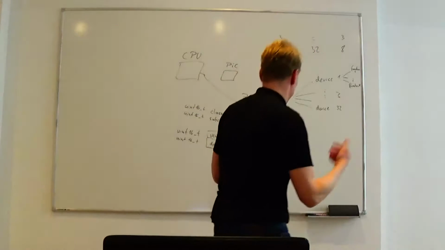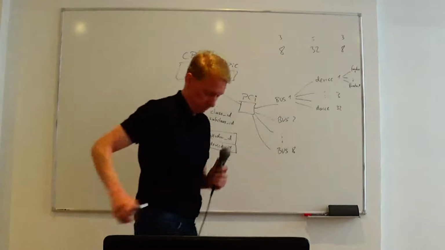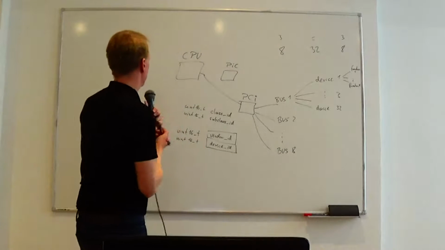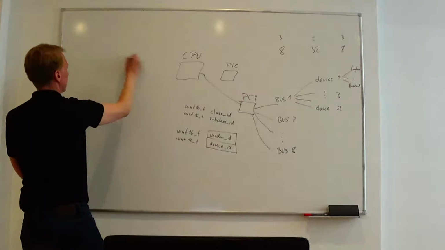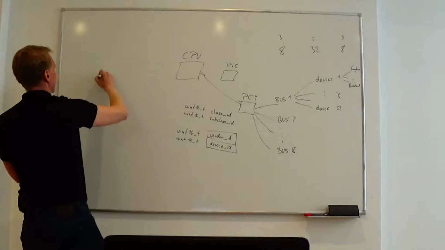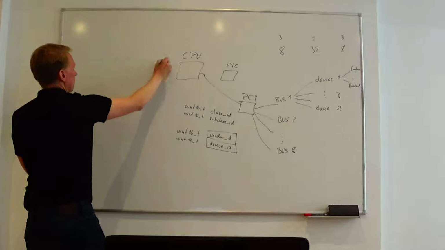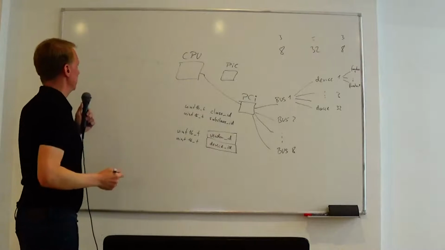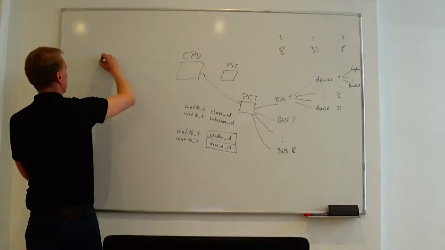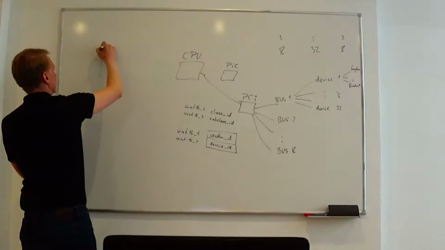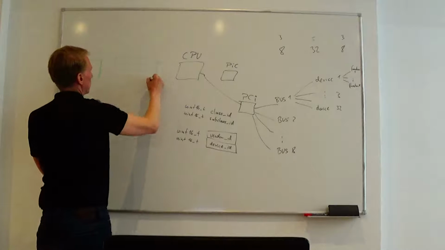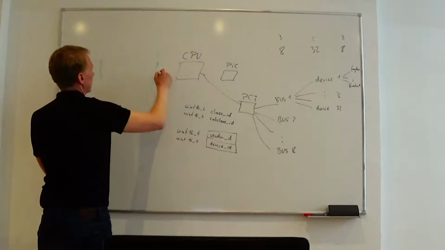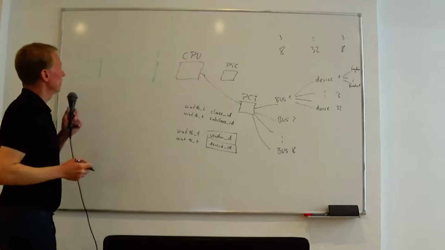I think I didn't explain that too well. So here's the data in the device, and maybe here is 4, here is 8, and so on.